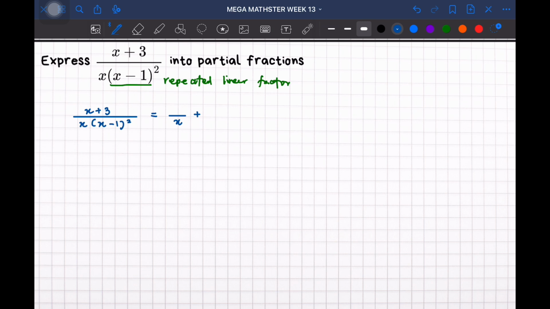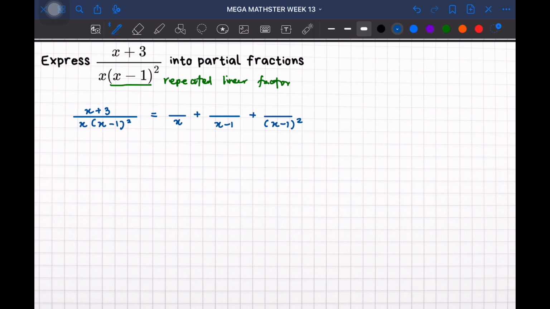Okay, so one linear factor, one fraction, and then this one we have a repeated linear factor with power 2, which means that we are going to have two fractions for this one. So the first fraction that we have is just consists of x minus 1 as the denominator, while for the second fraction we will have x minus 1 power 2 as the denominator.